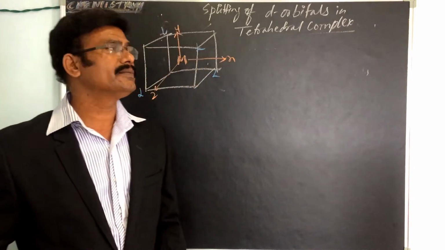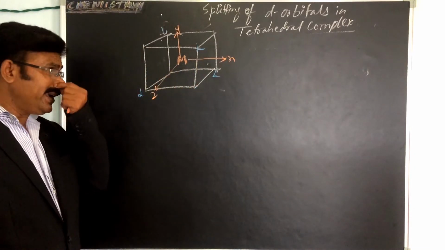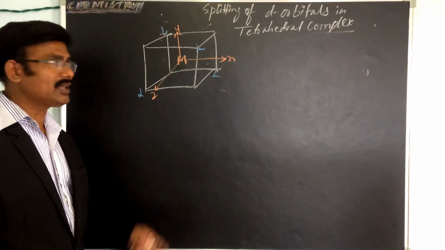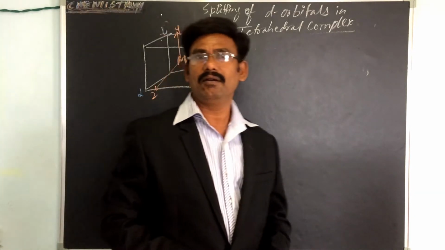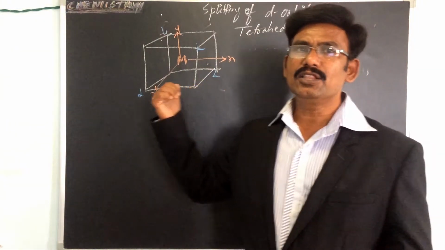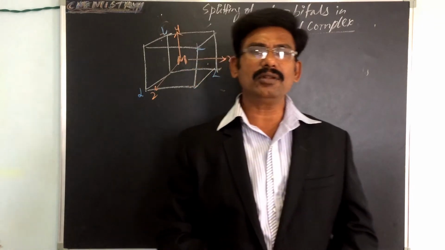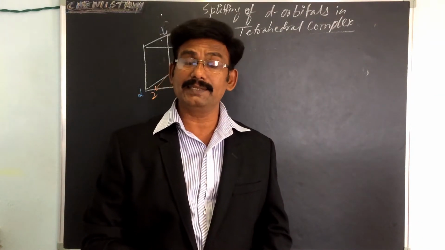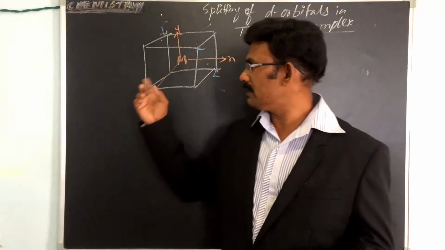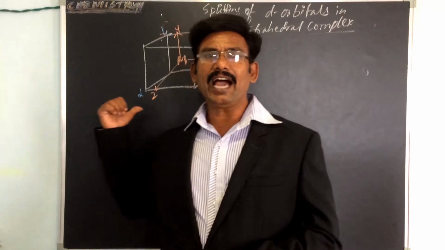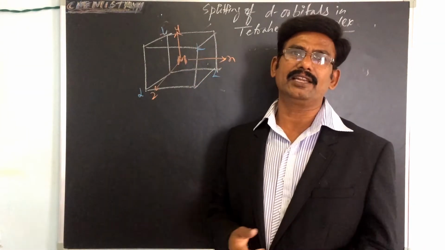See here, in the tetrahedral complex, the four ligands occupy the alternate corners of a cube and the metal ion is placed in the center. Here the d orbitals are not pointed directly towards the ligands.